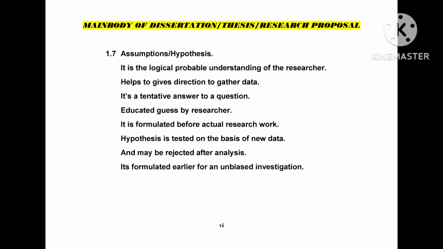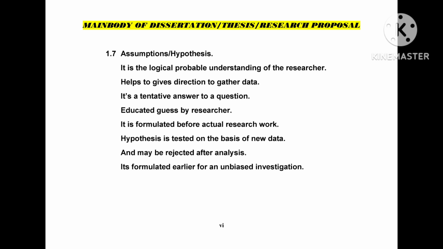1.7 assumption and hypothesis. Under it the researcher has to find out the probable understanding of the research. It gives the direction of gathering data. It is also a tentative answer to the question. It is also an educated guess by the researcher before conducting the research work. Then the hypothesis is tested after collecting new data.